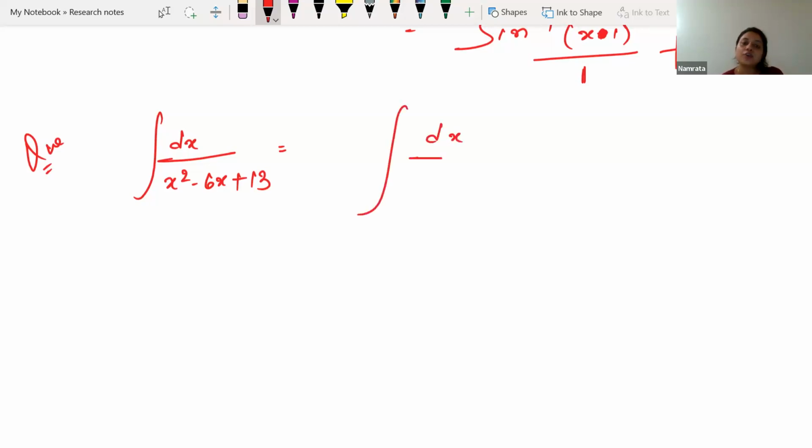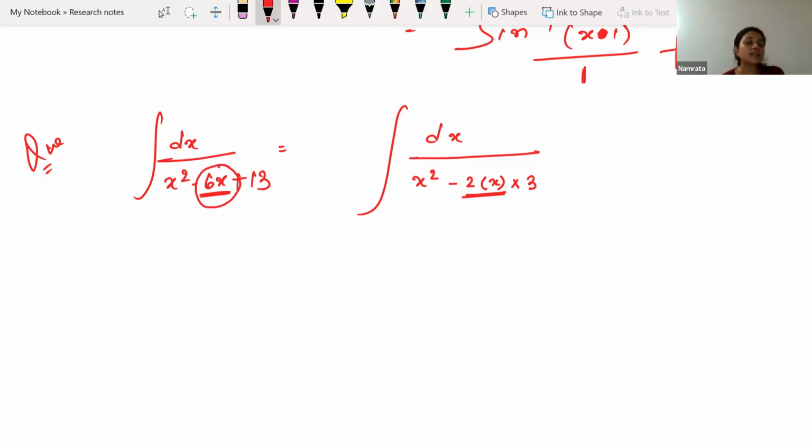So dx over x square is there, write it as it is, minus 6x is there, and the formula of a plus b whole square and a minus b whole square, both contain 2 into a into b. So the best way is to break 6 as 2 into a. Now we want to make 6x. What do we have in hand? 2x. What extra is needed? 3.